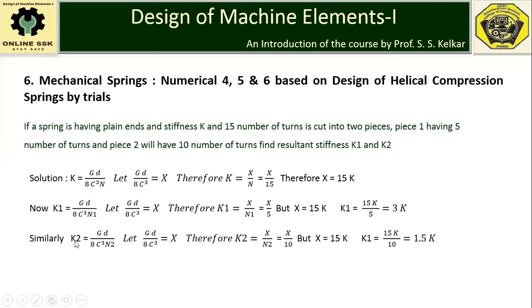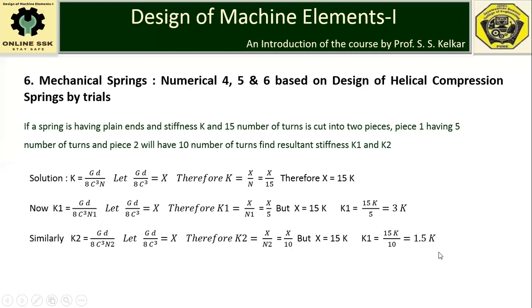For piece number 2, K2 will be equal to G d upon 8 C cube n2. But G d upon 8 C cube is equal to x. Therefore, K2 is equal to x upon n2. n2 is equal to 10, that means x upon 10. But x is equal to 15 times K. Therefore, K2 is equal to 15K upon 10.